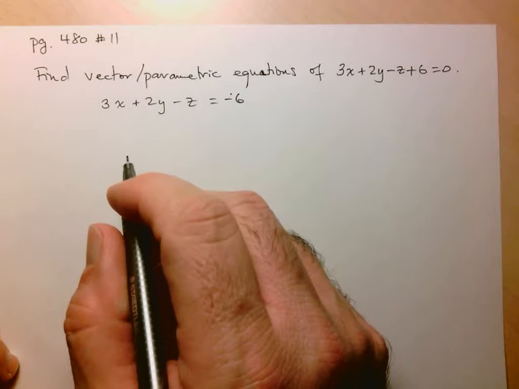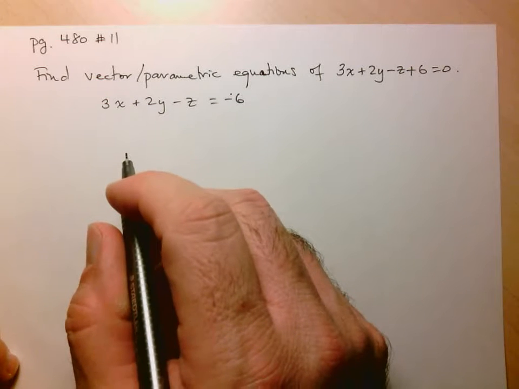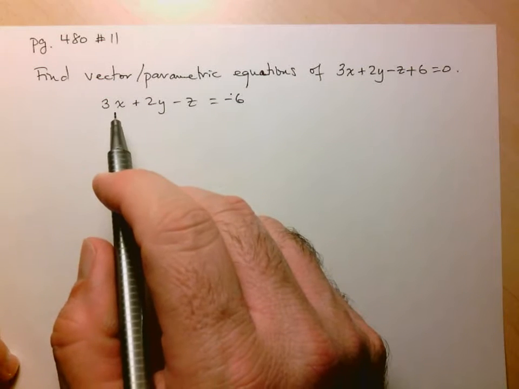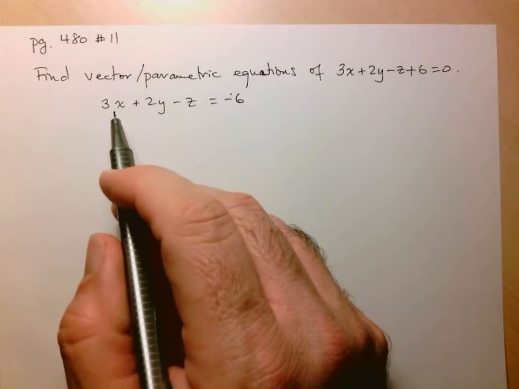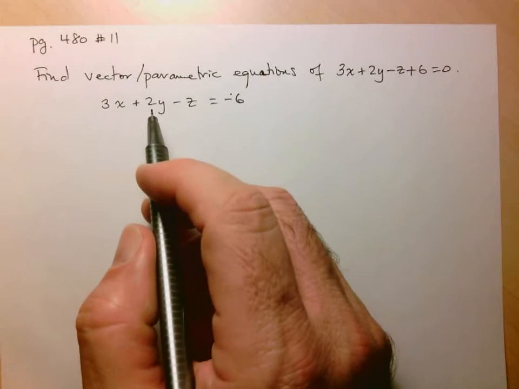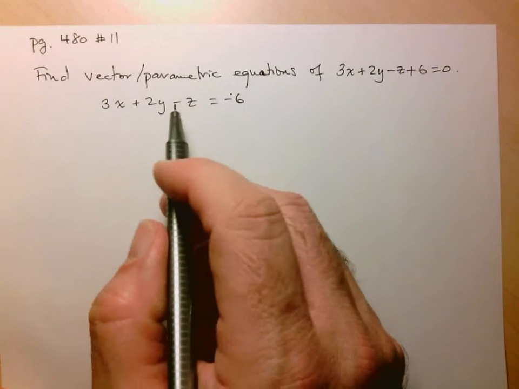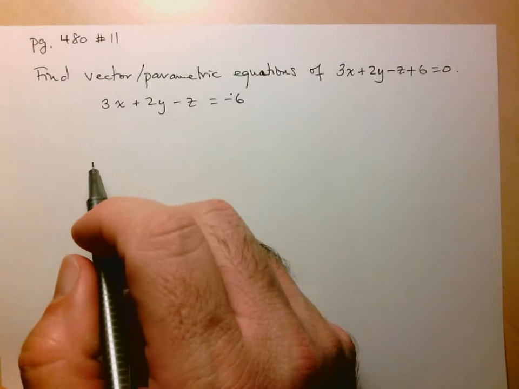When you were working with a line in 2D, you could determine an intercept by setting the other variable to 0. So here I'm going to determine the x, y, and z intercepts by setting the other two to 0.